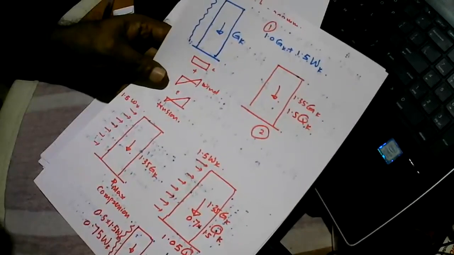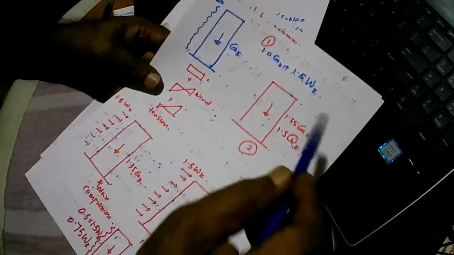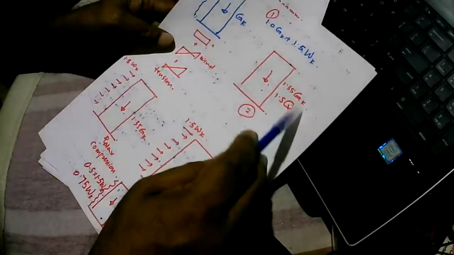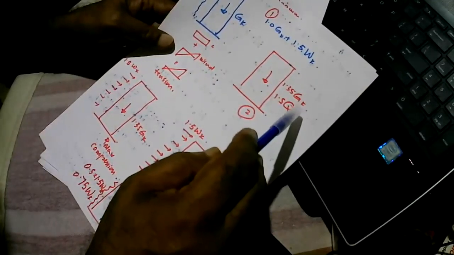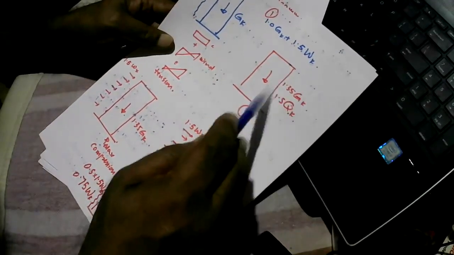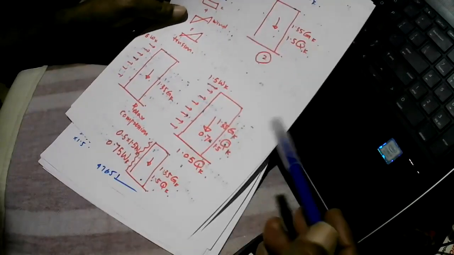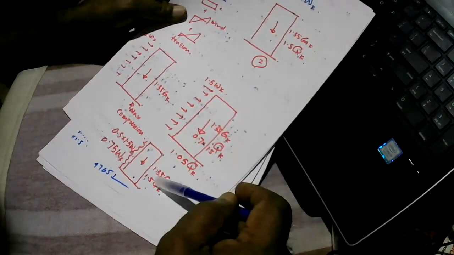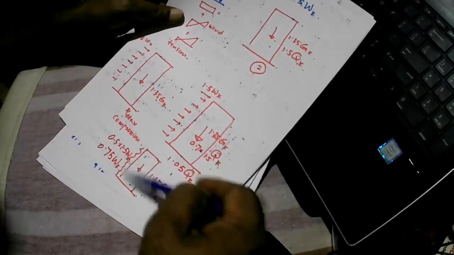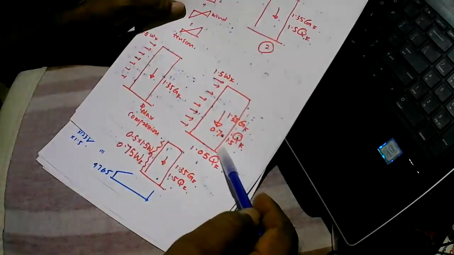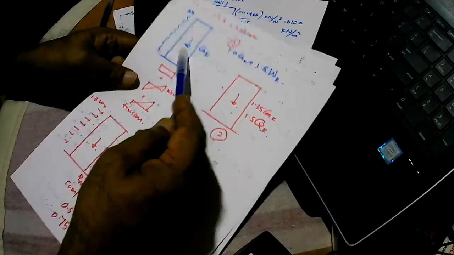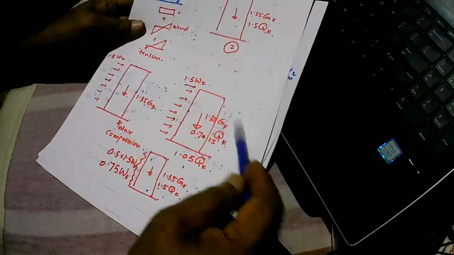But there is a possibility that this may be governing, so we can check that. But because QK is not a dominating value, we can easily say this is also not governing, because when you compare this with this one, this will be more critical for compression than this one. So you can say that this one and this one will be governing.